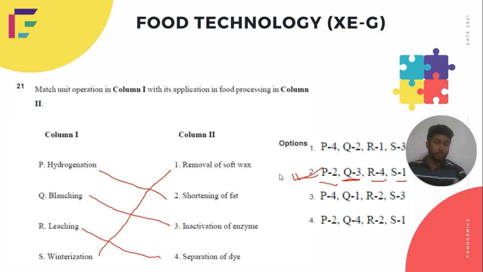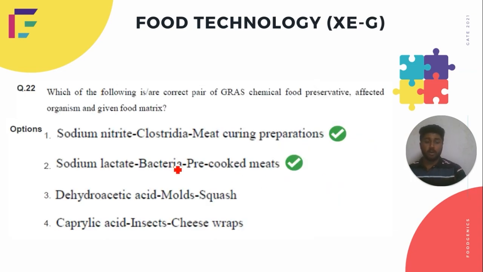So moving to our final question of this food technology paper. It is given, which of the following is or are correct pairs of GRAS, that is generally regarded as safe, chemical food preservative, affected organisms and given food matrix. This is an MSQ.